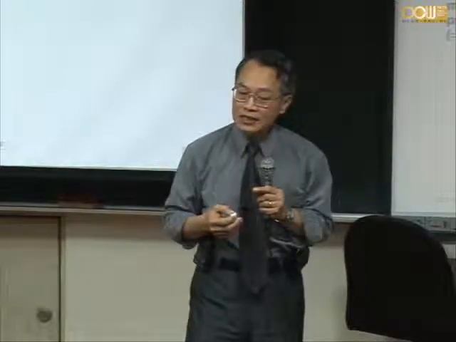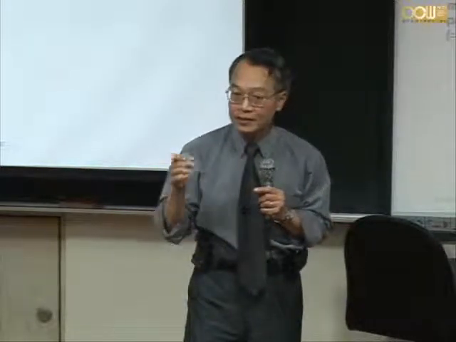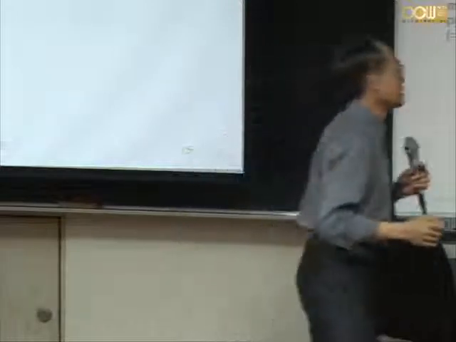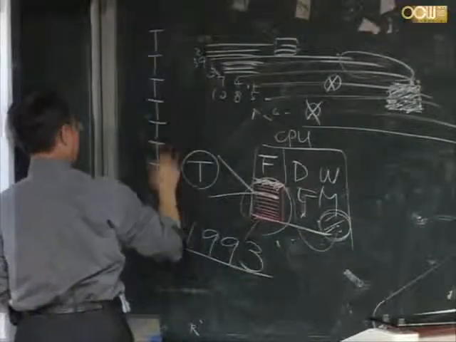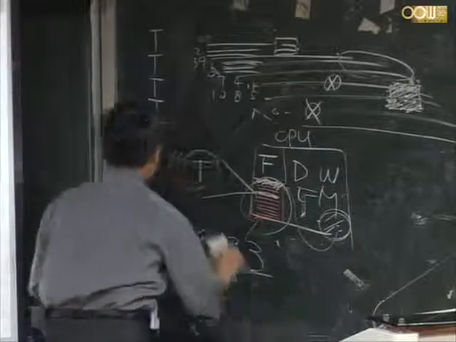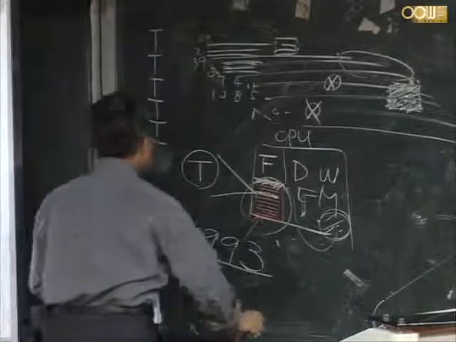How accurately can you guess the outcome of a branch? Say 90%. If you are 90% correct, do you think that's good enough? Let's see. I said 5 levels, in other words 1, 2, 3, 4, 5, so I made 4 speculations.